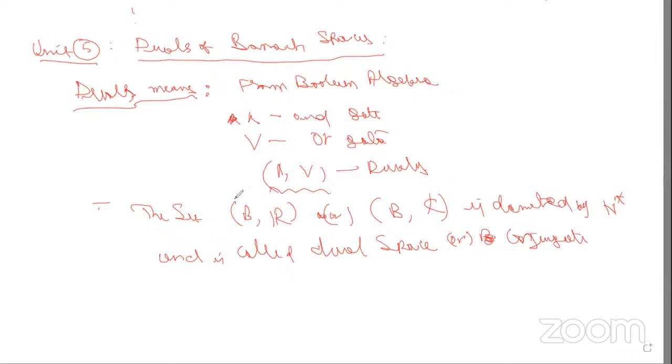So the set of bounded linear functionals on N over R or complex C is denoted by N star, conjugate with respect to N, where N is a normal linear space. This is called duals. So using duals, we'll prove one theorem.